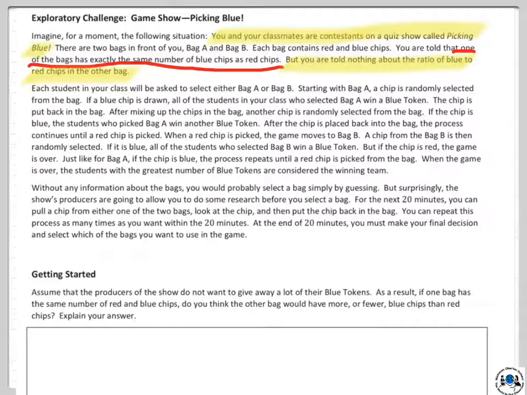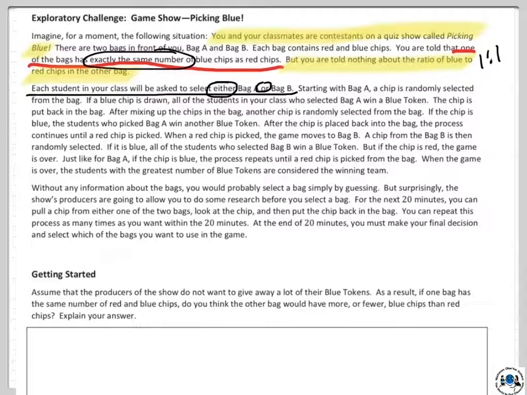One of them has a 1-to-1 ratio of blue to red, and the other is a complete mystery at this point.